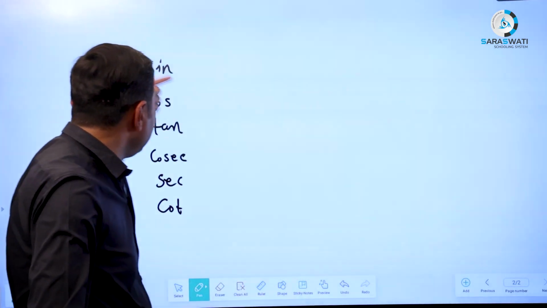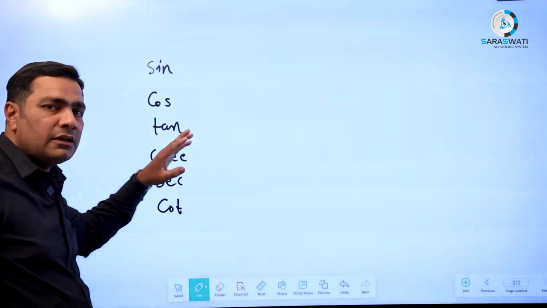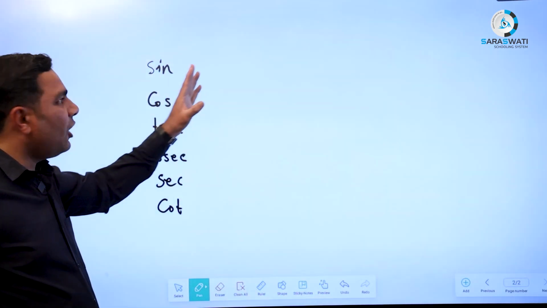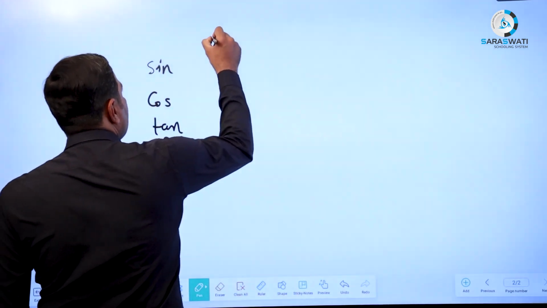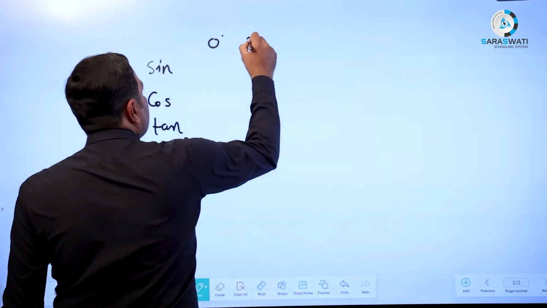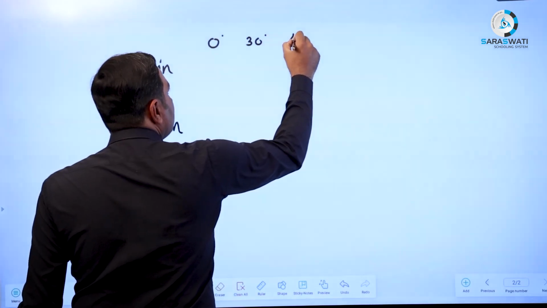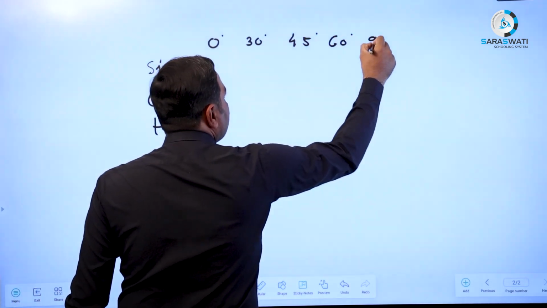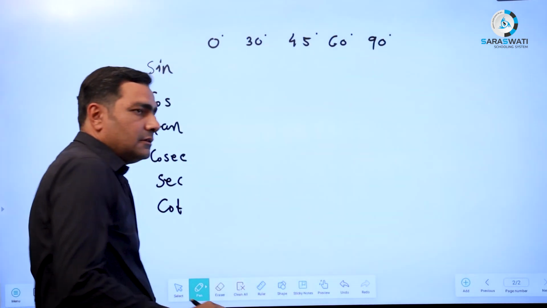Basically we will be focusing on this sequence: sine, cos and tan. Then afterwards you can jumble the sequence, that's not an issue. Followed by this, in the columns, we will prepare the special angles: 0 degree, 30 degree, 45 degree, 60 degree and 90 degree.